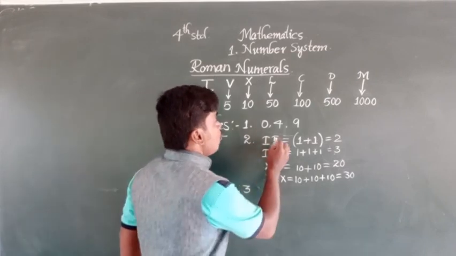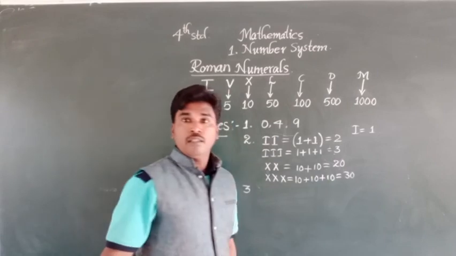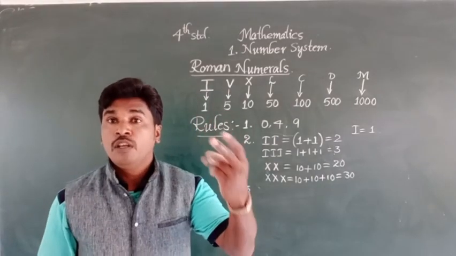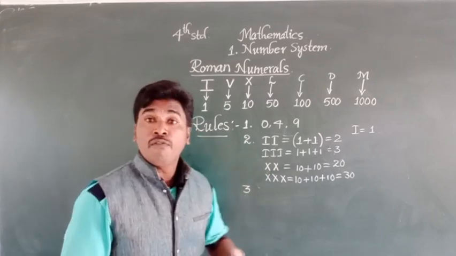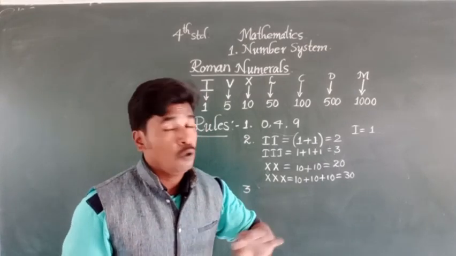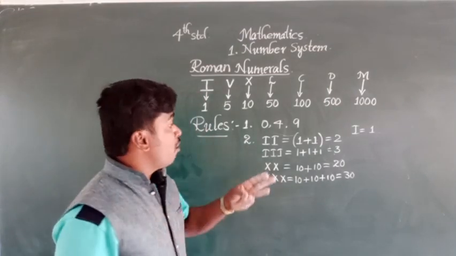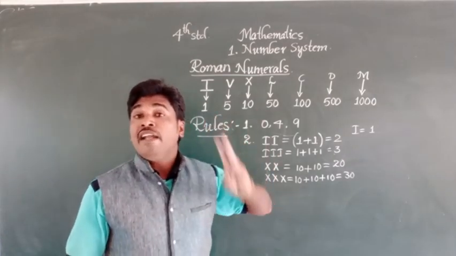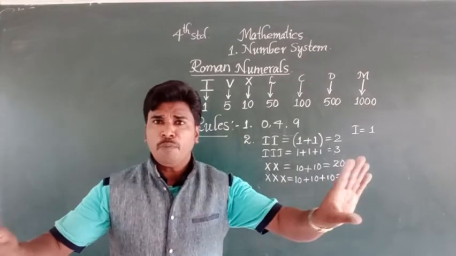If it is only one time, I means 1; 2 times, 2; 3 times, 3. Can you use I 4 times? No, it is not possible. Maximum you can repeat the Roman letters 3 times. More than 3 times it is not possible at all.